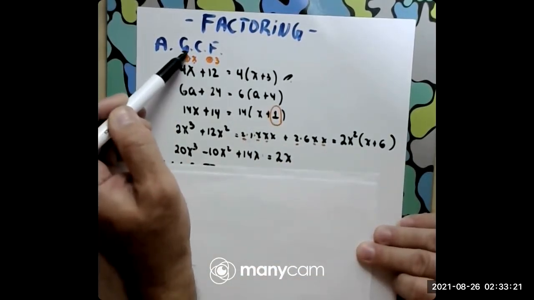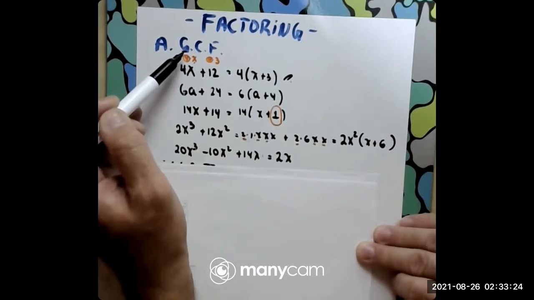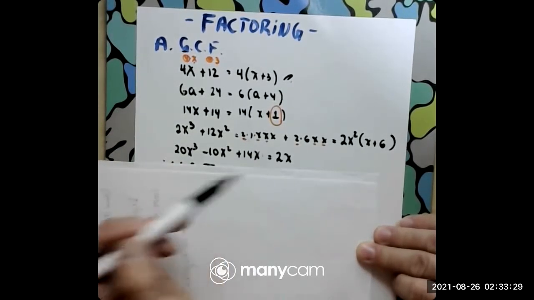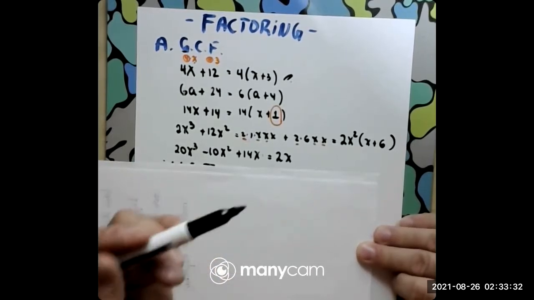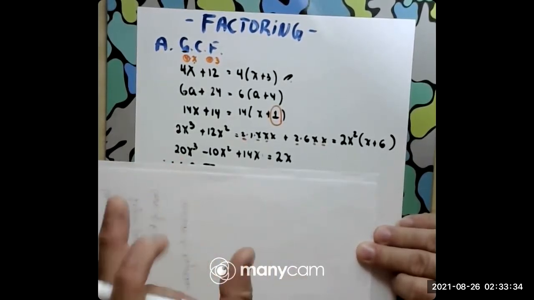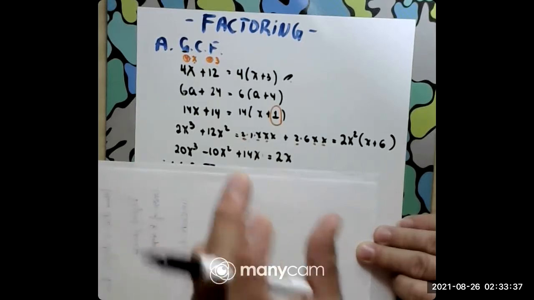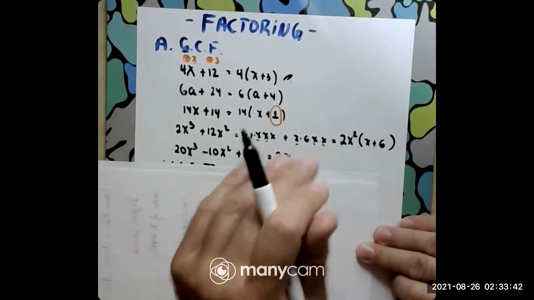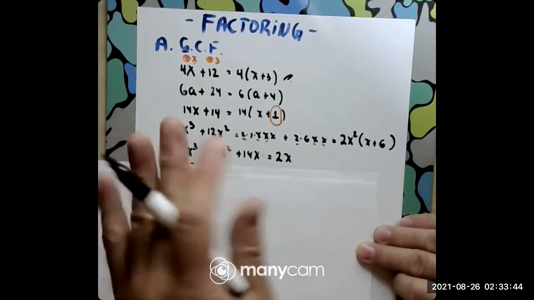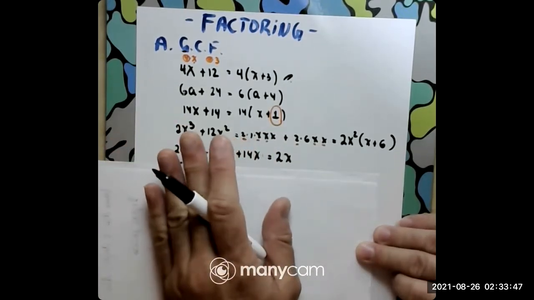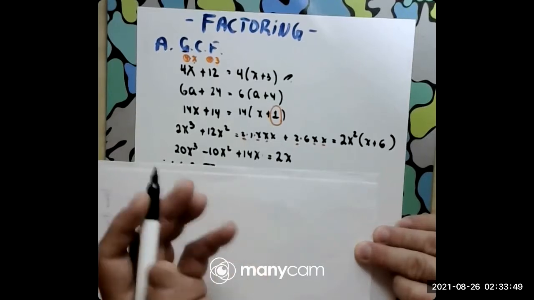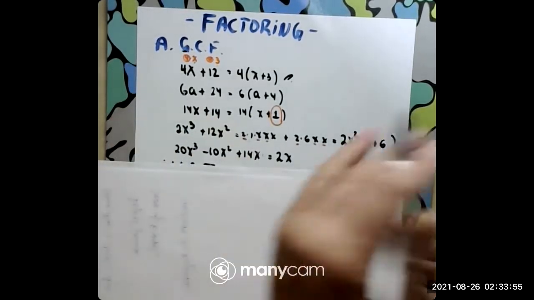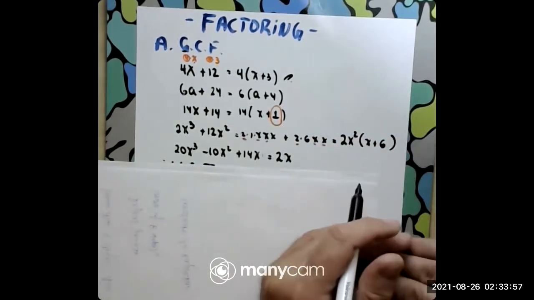When we're looking for the greatest common factor, and we have the common variable, we choose the variable with the lowest exponent. Later, we're going to be looking for the least common denominator. With the least common denominator, I choose the greatest exponent. For the greatest common factor, lowest exponent. For the least common denominator, the greatest exponent.